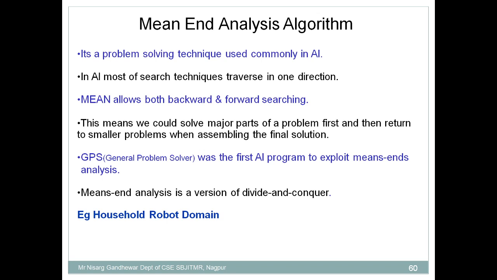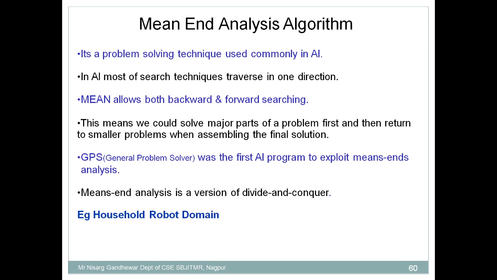But in means-end analysis we move in both directions. To solve a very complex problem, we need to move in multiple directions, not only forward or backward. At that time the means-end analysis search technique is very useful.